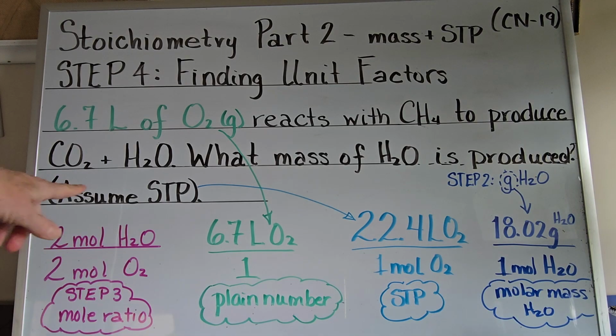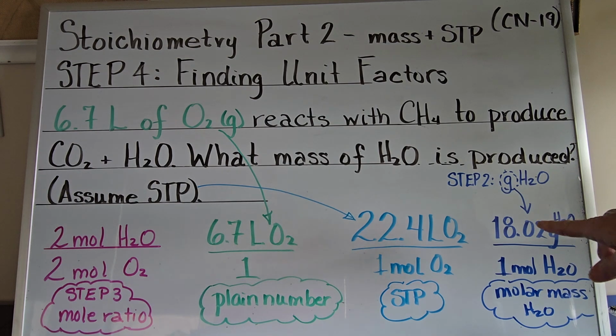Assume STP gives us our third unit factor. Remember, 22.4 liters of O2 per 1 mole of O2. If you don't remember that, you can go back to class notes 13, where we first talked about the STP unit factor. So where do we get our fourth unit factor? Well, remember in step 2, we had our answer.